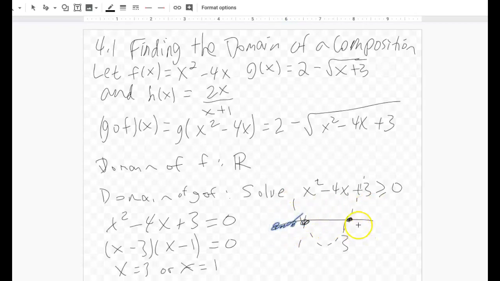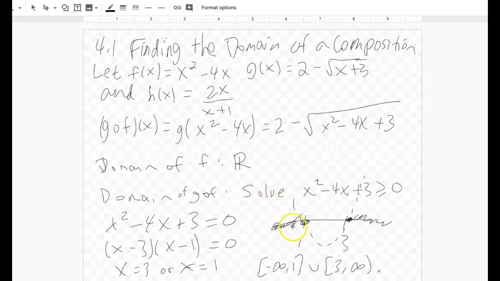So that's everything to the left of 1 and everything greater than 3. So if we write this domain in interval notation, it's going to be negative infinity to 1 union 3 to infinity.